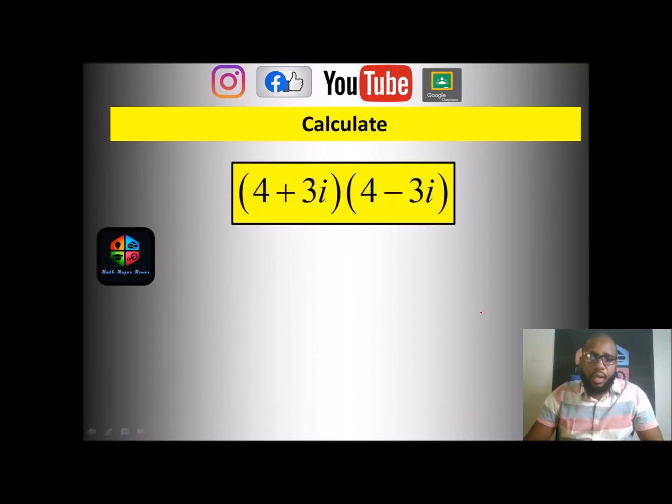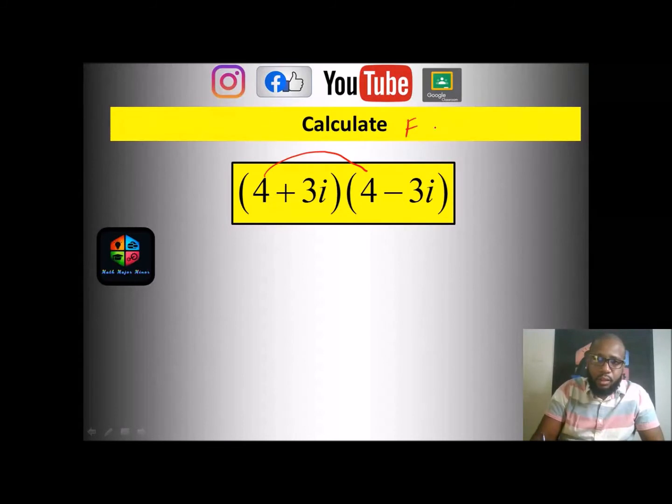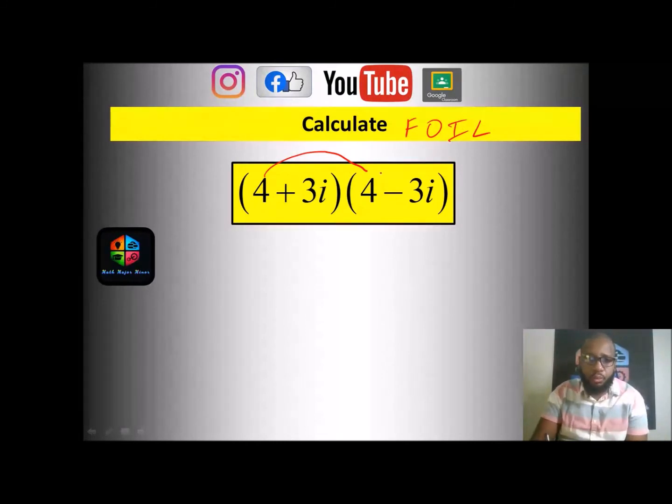Now, how do we calculate the product of two complex numbers? Now, let's see. So in algebra, we could FOIL by multiplying the first, the outer, the inner, and the last.